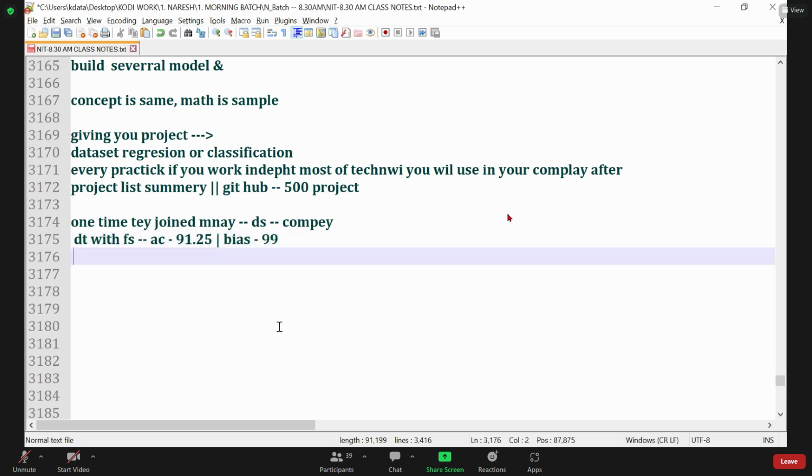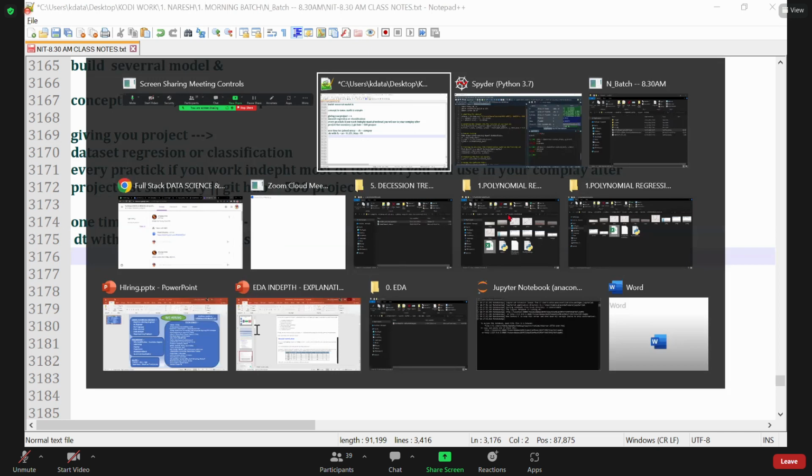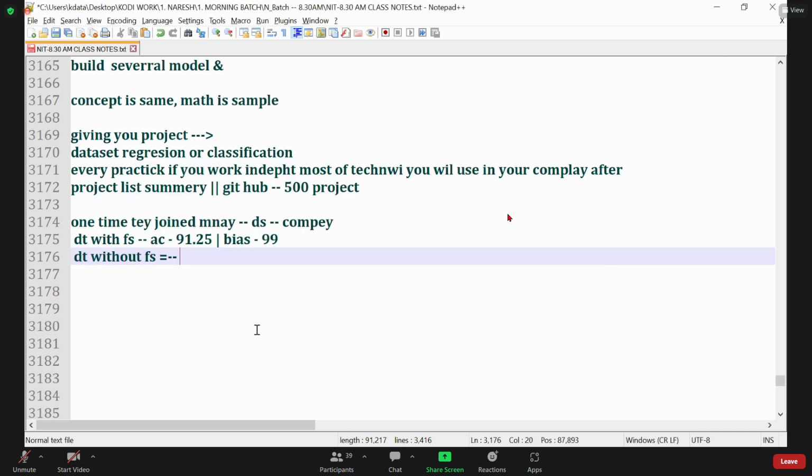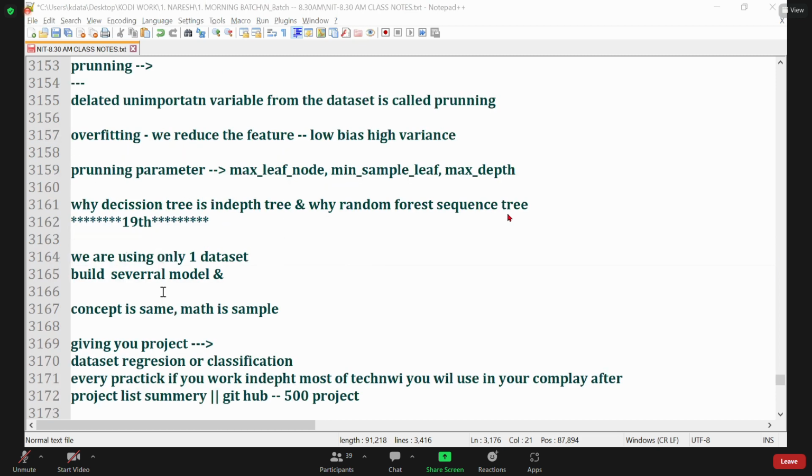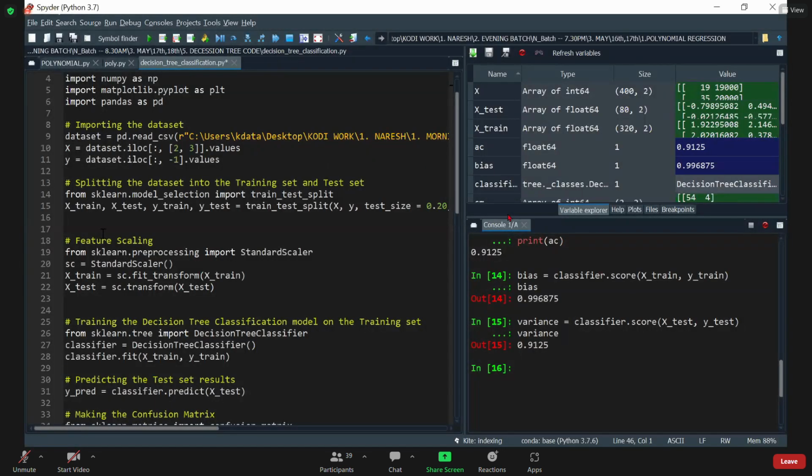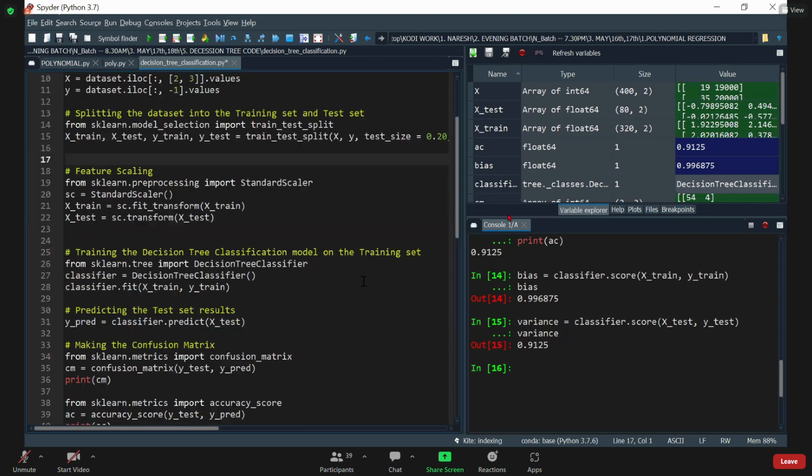And then let's try without feature scaling, decision tree without feature scaling. Let's see how much accuracy we get. Accuracy must be the same, or not? As per theory, the decision tree doesn't require feature scaling, because anyway the data split happens on the index. I'm going to make this inactive, so let's restart the kernel and try.